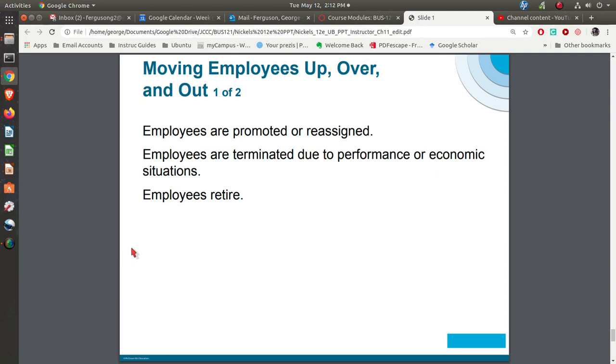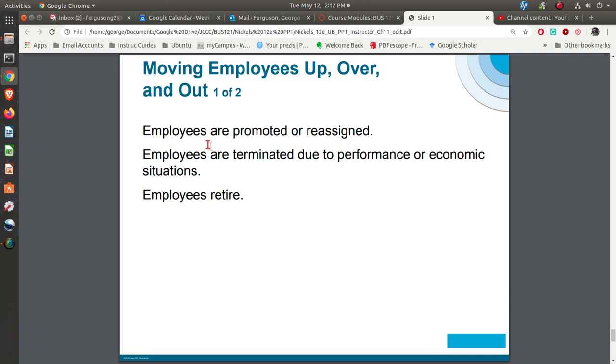And sometimes we need to move people up or out, okay? As a manager, I am hoping that the people reporting to me are developing to the point where they can get promoted, which means I'm going to have to be developing and training folks on almost a consistent basis.